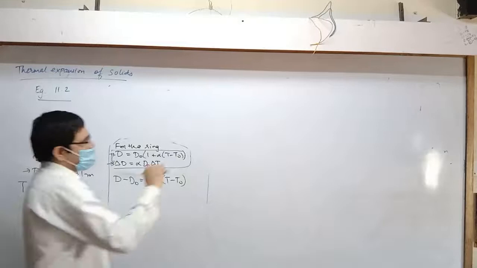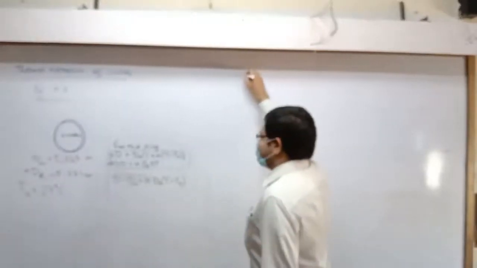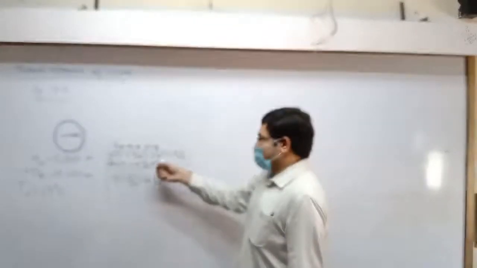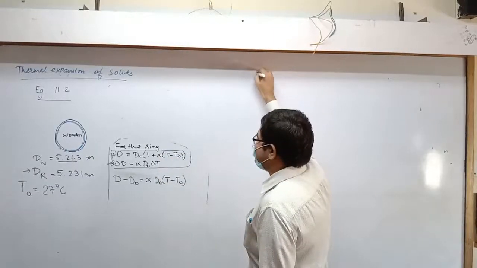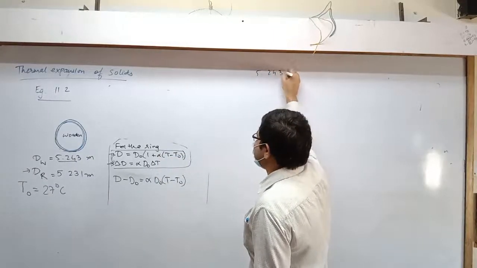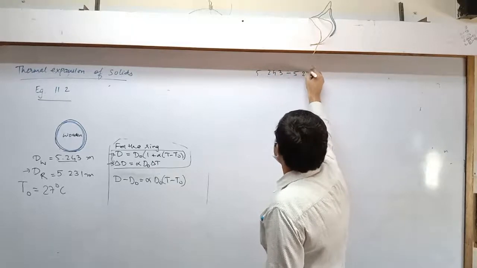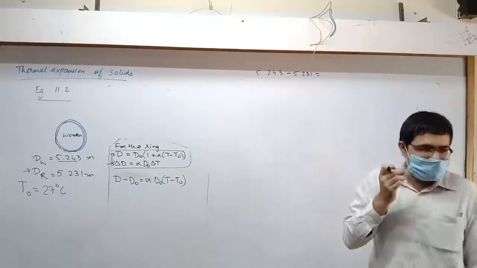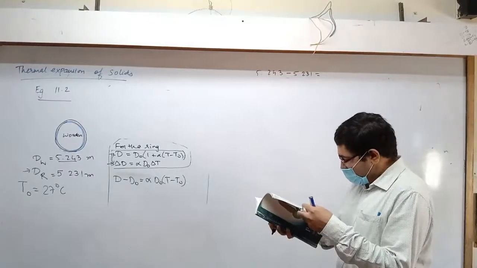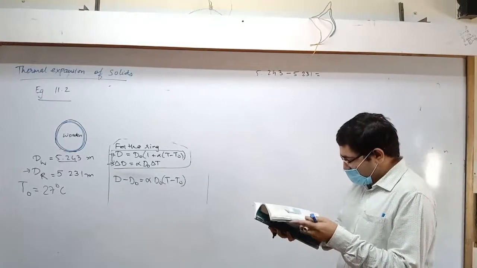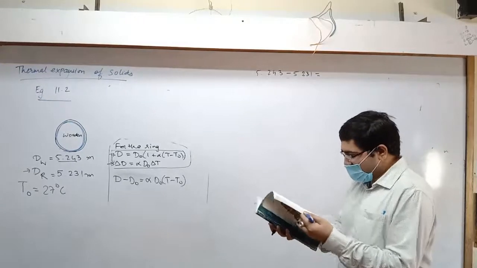So let's start. What should I write? I'm going to use this or this. Either way, I'm going to use this delta L. So what is delta D? 5.243 minus 5.231. Clear? Equal to alpha. Is alpha given in the question? Okay, not given. We'll have to see it from the table, I believe.